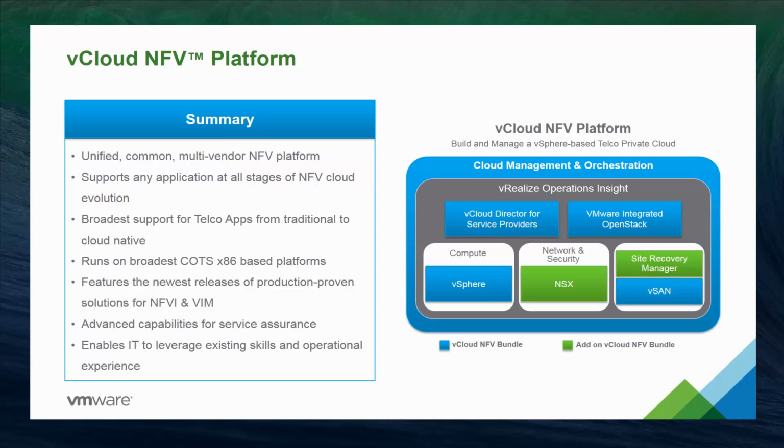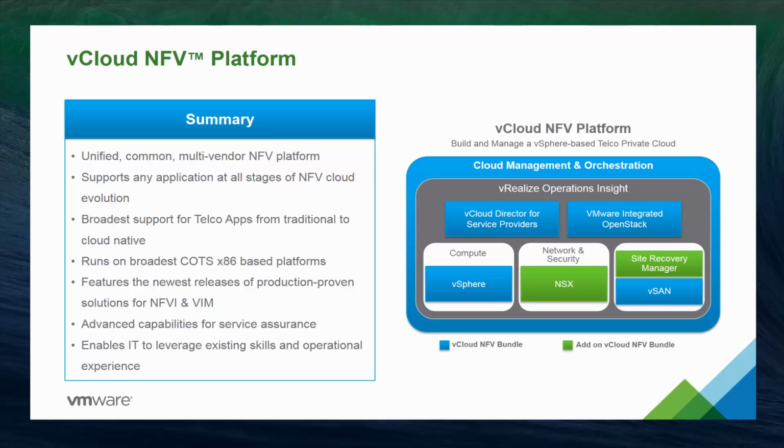And finally, we also introduced the vCloud Network Functions Virtualization, or NFV, platform, which brings together the core virtualization and management components required to accelerate NFV deployments. vCloud NFV enables communication service providers, or CSPs, to deploy a unified multi-vendor and multi-function NFV platform that supports any application at all stages of the cloud evolution.